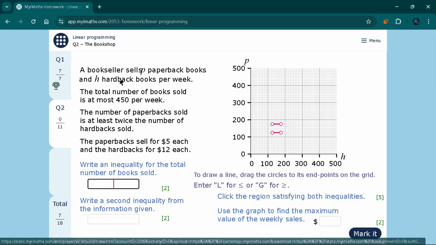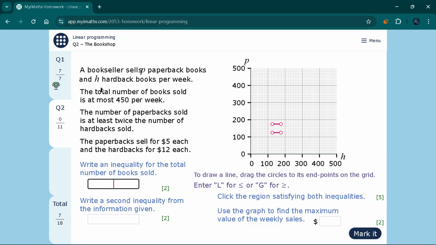Question 2. Now we've got P for paperback books and H for hardback books per week. The total number of books sold is at most 450. So it means if we take the paperbacks and add the hardbacks, it cannot be more than 450.